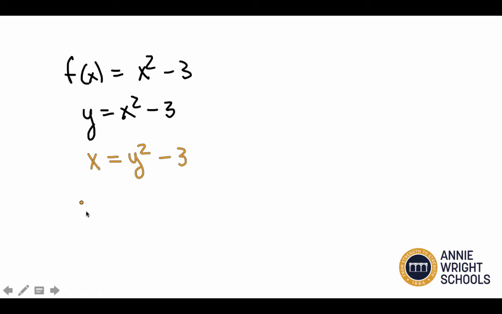I'm going to add 3 to both sides. I'm going to take the square root of both sides, and I get the square root of x plus 3 equals y. Now, I will tell you the graph of this function right here looks like this.